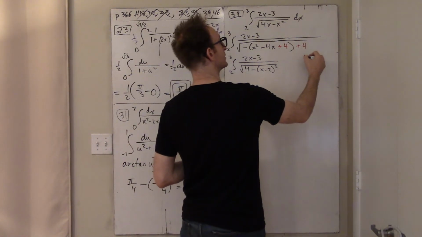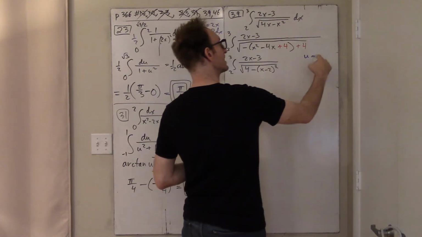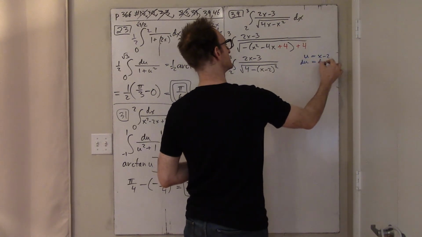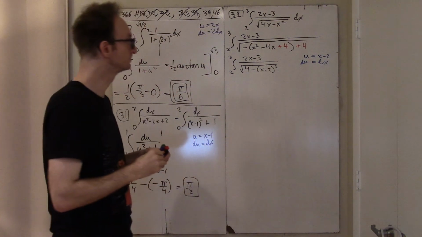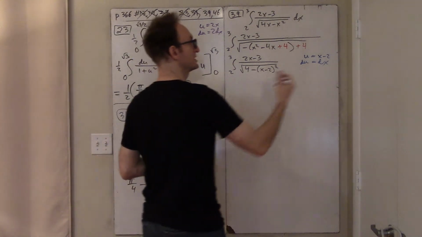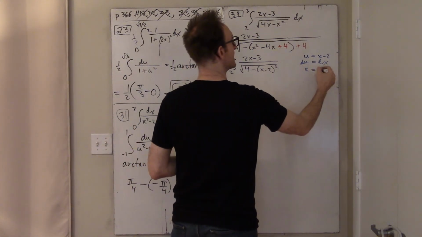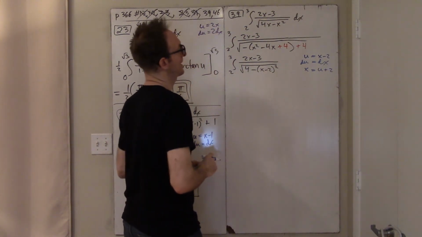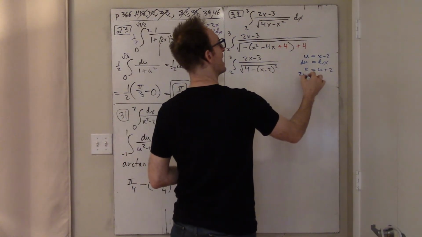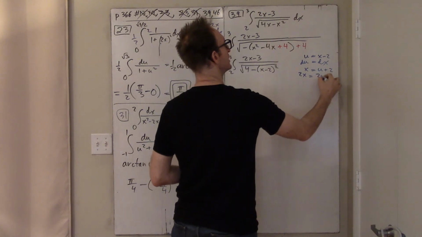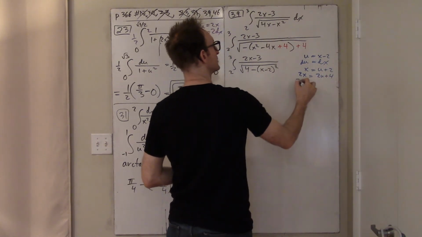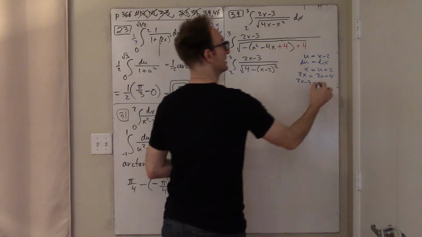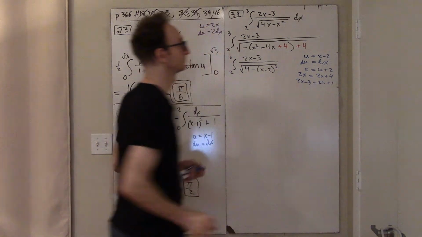I am now going to once again do the explicit substitution. Let u be x minus 2, and then du is just dx. If u is x minus 2, then x is u plus 2. 2x would be 2u plus 4, so 2x minus 3 would be 2u plus 1.